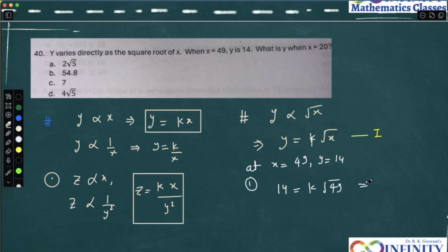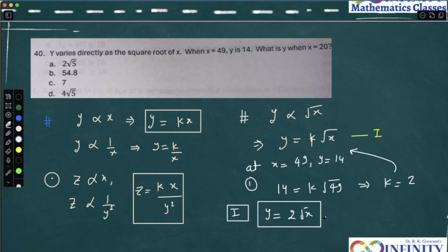Can you please help me with the value of k? K will be 2. Perfect. Now if you plug this value of k back in, I get a standard relation in y and x: y equals 2 square root of x. This is the standard equation I'm getting.